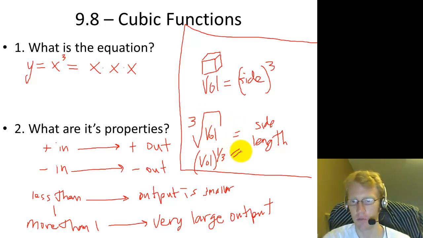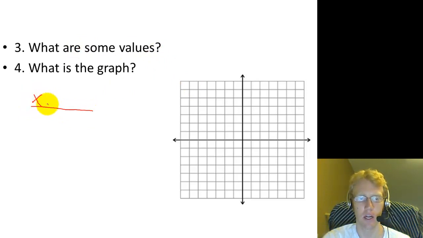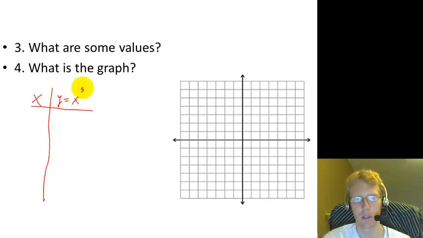Okay, now let's move on and take a look at the graph and some data points. So what are some values? Let's make an XY table. So we've got x, and then we've got y as the output equals x cubed. So let's do some values. If you put in x is 0, 0 cubed is 0. If you put in 1, 1 to the third power is 1. 2 to the third power is 8.